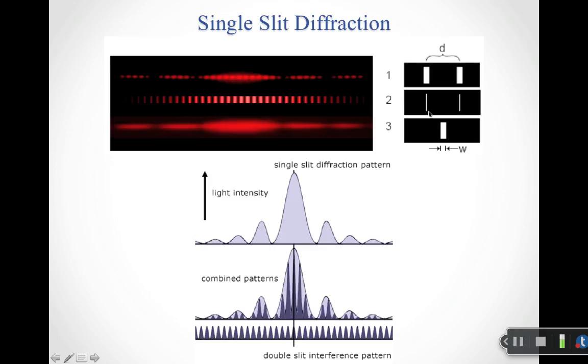But if I keep the same separation but make the slit width very narrow, I've pushed my diffraction pattern out wider. So the minima for diffraction now happen way over here with my much narrower slits, and it's not nearly as noticeable, and what I see is mostly the interference pattern here. Whereas here, I see the interference pattern on top of the diffraction pattern. So I can play with my parameters, the slit width and the slit separation, to change what's going on with my pattern.